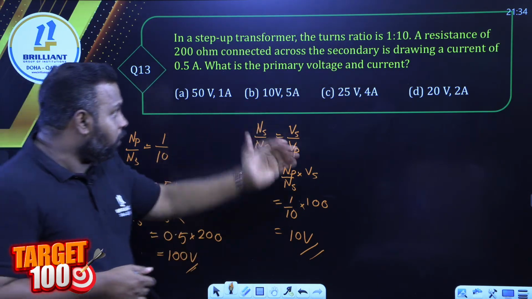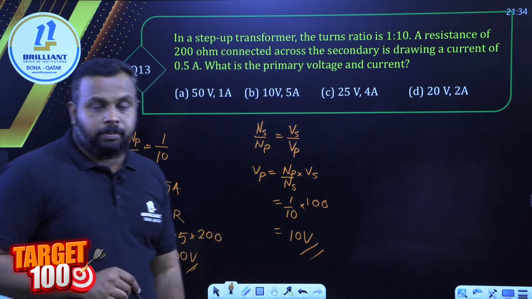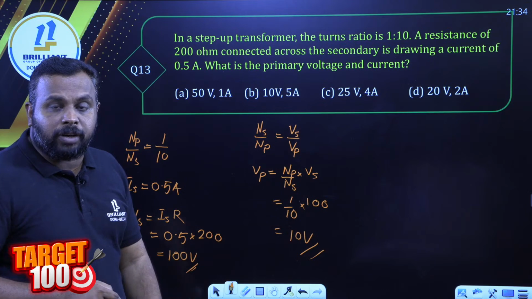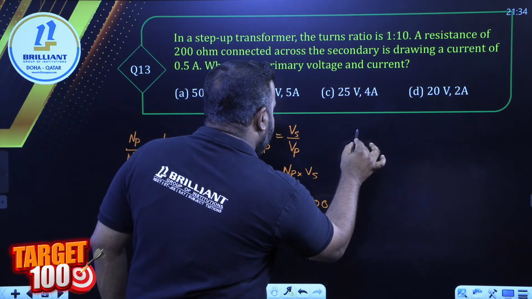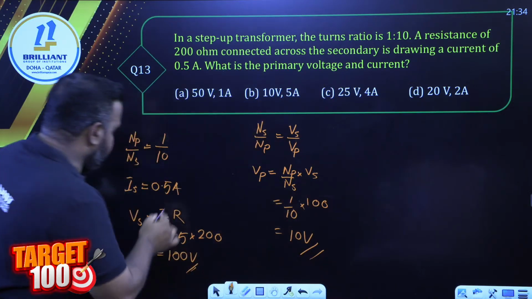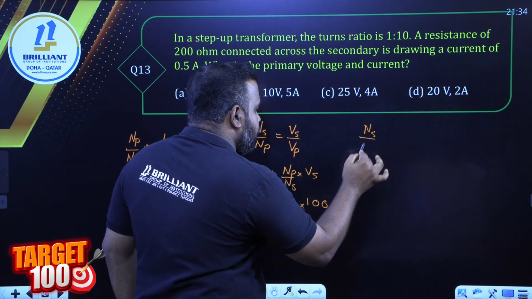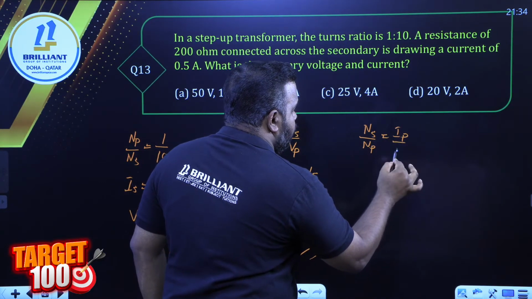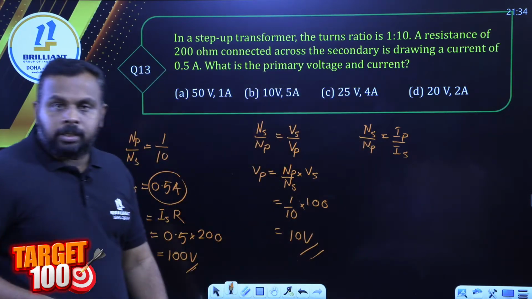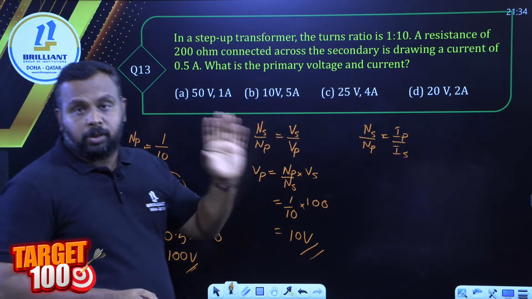But anyway, we are going to find the other part also. They are asking the primary current. How can we find it? We know the IS value is 0.5. So again we can use the relation NS by NP is equal to IP by IS. Efficiency we can take as 100% because they did not say anything about power loss.